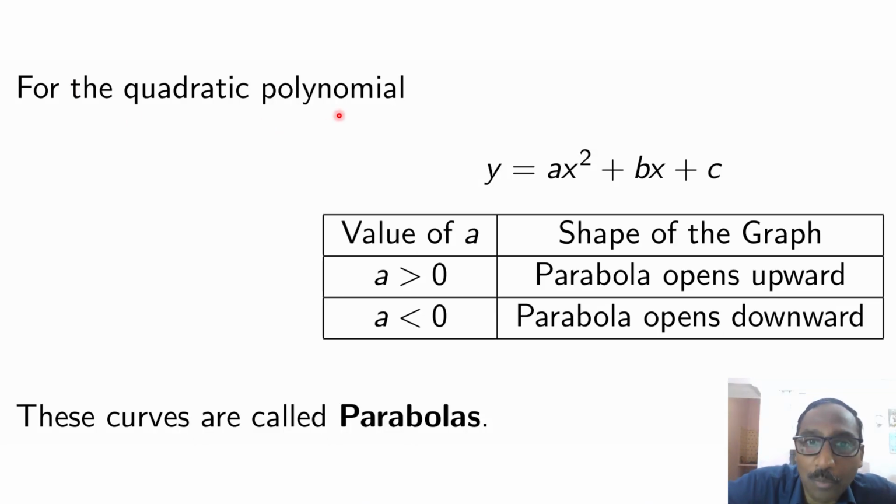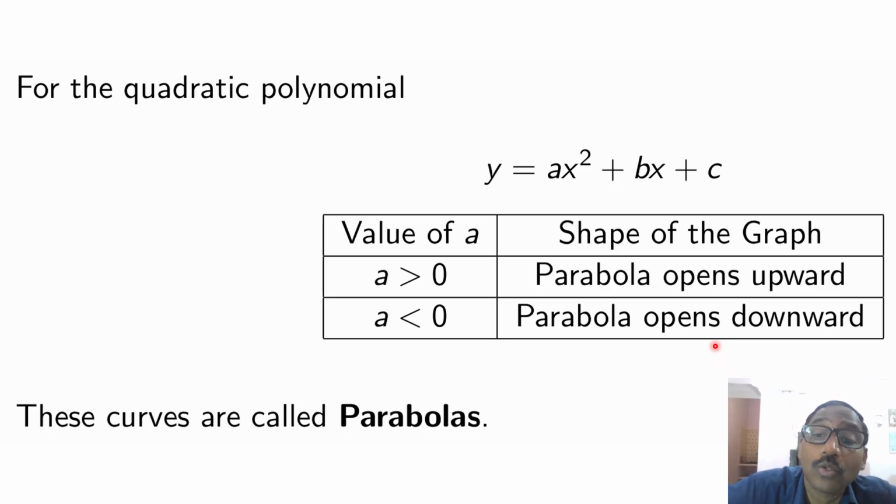So for the quadratic polynomial y is equal to ax square plus bx plus c, consider the value of a. If a is greater than 0, that is, the coefficient of x square is greater than 0, then the parabola opens upward. If a is less than 0, that means the x square coefficient is negative, then the parabola opens downward.